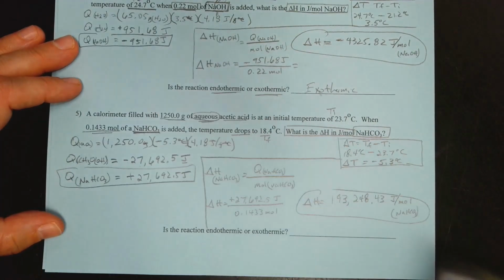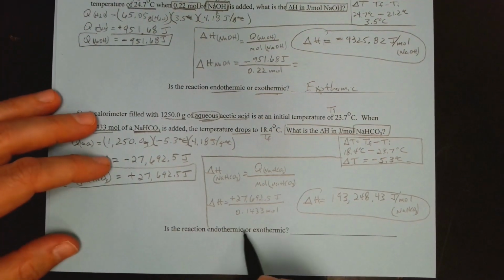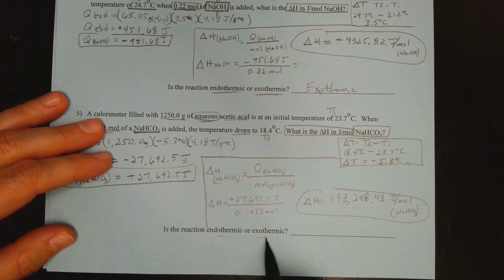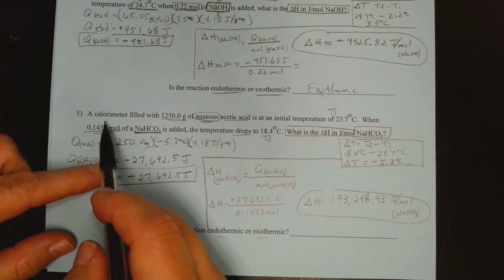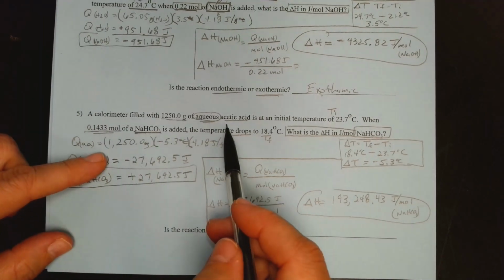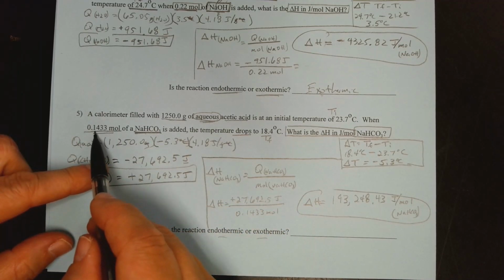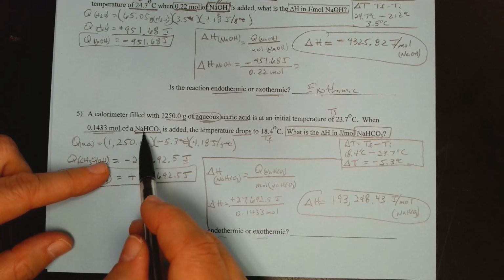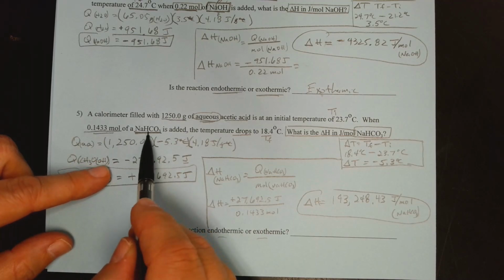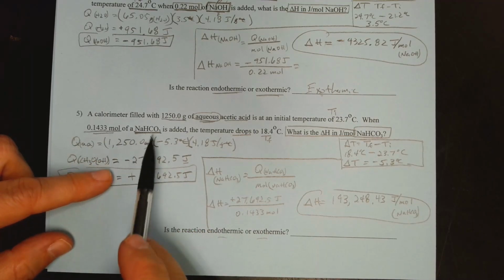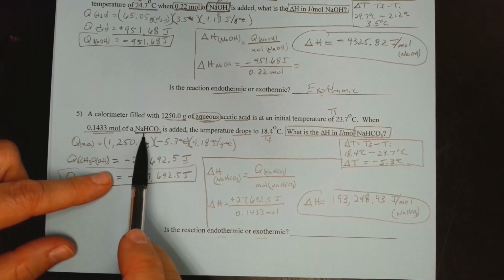So now we're asking ourselves, is this process endothermic or exothermic? So essentially what happens is we have a calorimeter that's filled with acetic acid. We drop in 0.1433 moles of this substance right here. And what happens is that this substance gains energy.